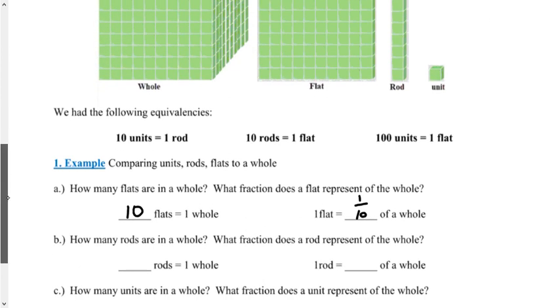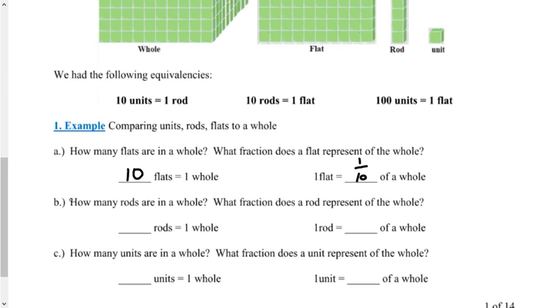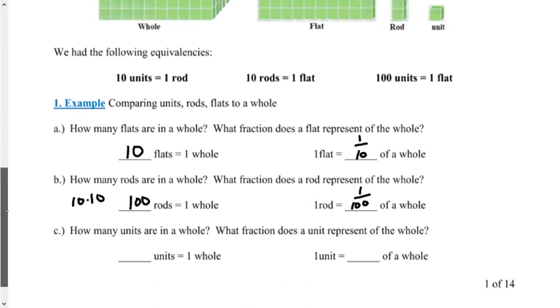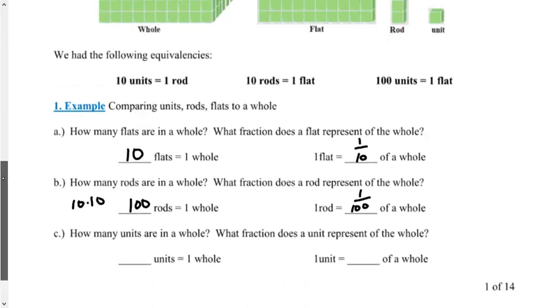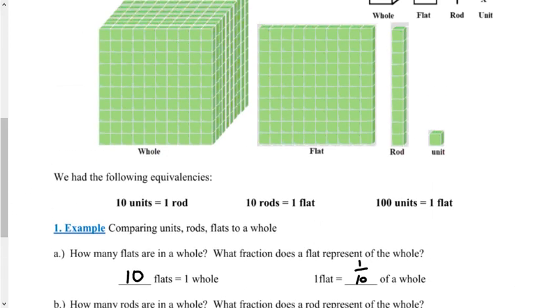So therefore, there must be 10 times 10, or in other words, 100 rods in a whole. Therefore, one rod is 1/100th of a whole.